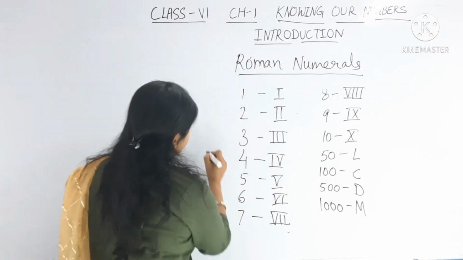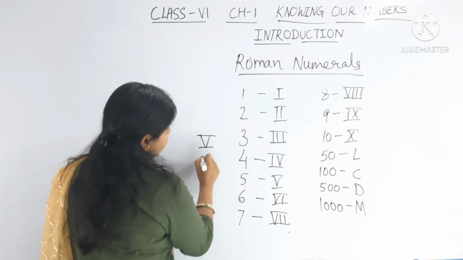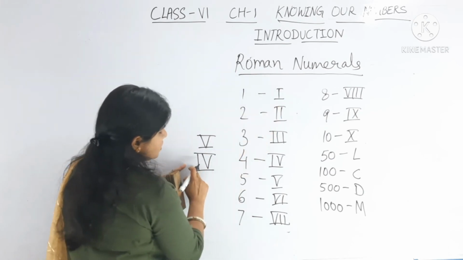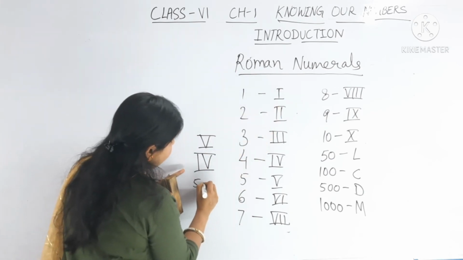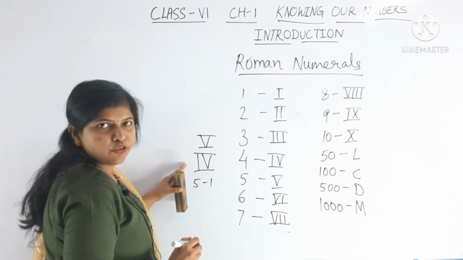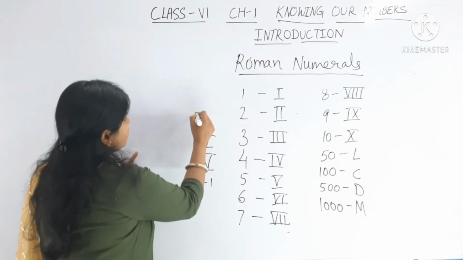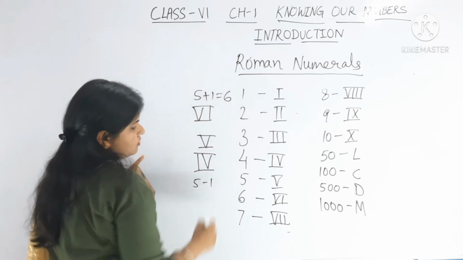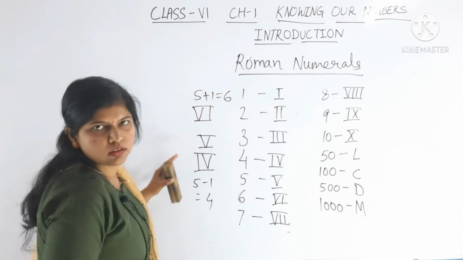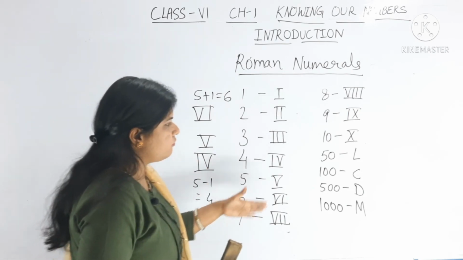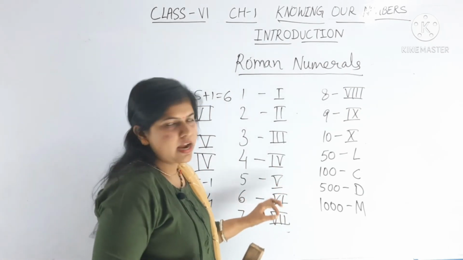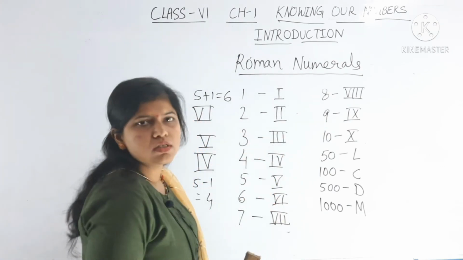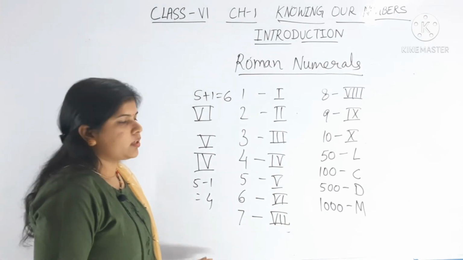For 5 it is V. If we write a symbol on the left side, this one means 1, so it means 5 minus 1, that is 4. If you write it on the right side, this means 5 plus 1, that is 6. This is the rule. For some numbers we can't change, and the repetition is allowed only up to 3. These are some of the rules I have told you in Roman numerals.